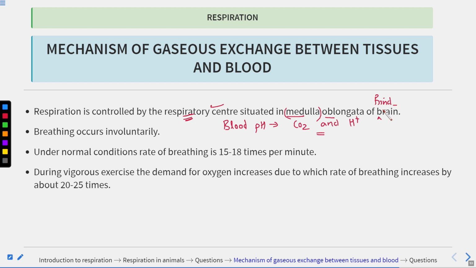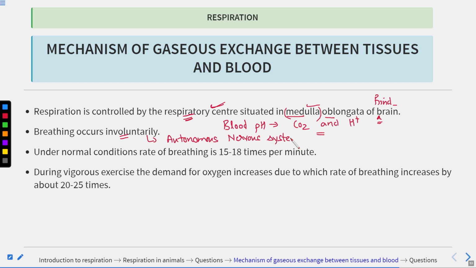The hindbrain is the region where the medulla oblongata is present, and it consists of the respiratory centers. Now, breathing occurs involuntarily. So it is controlled by what? It is controlled by the autonomous nervous system.